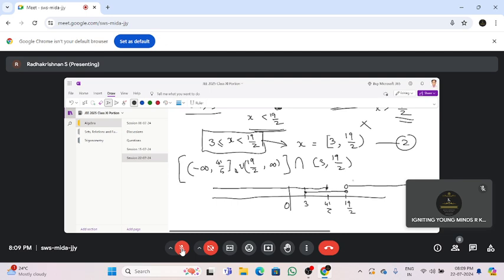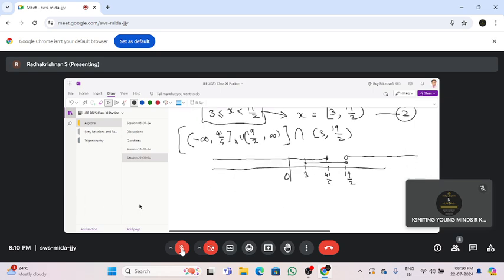Now looking at both these ranges, where is the intersection? 3, 19/2. Not 19/2. 3, 41/5, sir. Right. So valid value of x is 3, 41/5. And this is your solution.